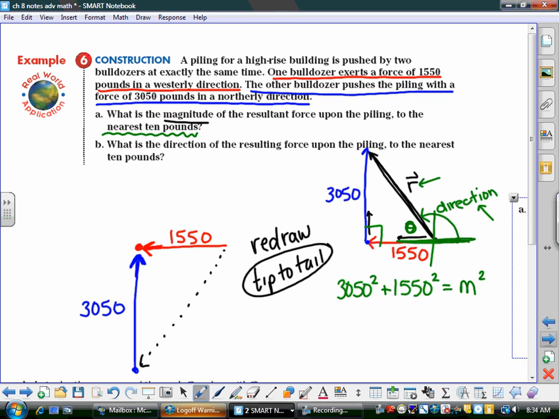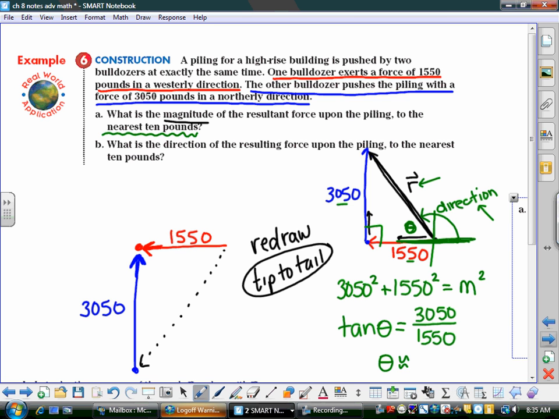So to get this one, I have opposite and adjacent, so I'll use tangent. I can type that into my calculator. Make sure you're in degree mode. And get an approximate.